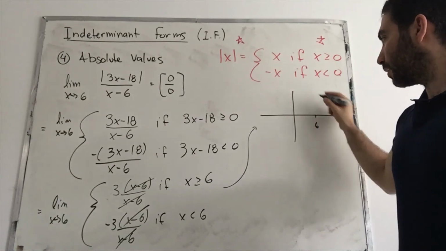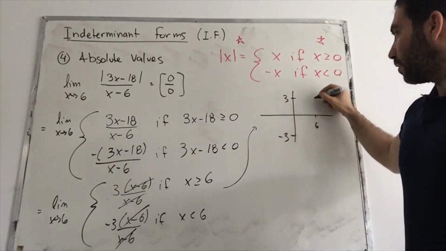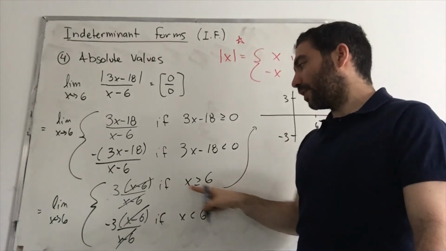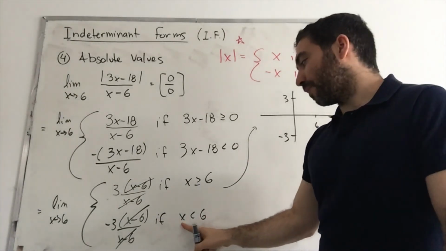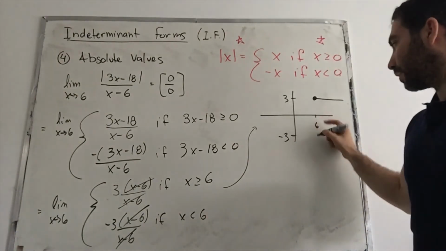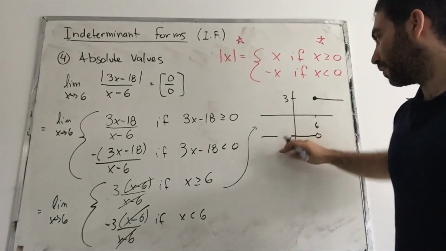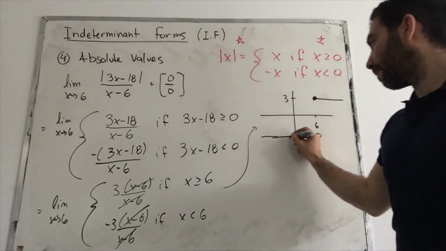So at 6, we have 3 and negative 3. So when x is bigger than or equal to 6, the value is 3. But for smaller than 6, when your x value is smaller than 6, it's negative 3. So something that looks like this. This is at negative 3.